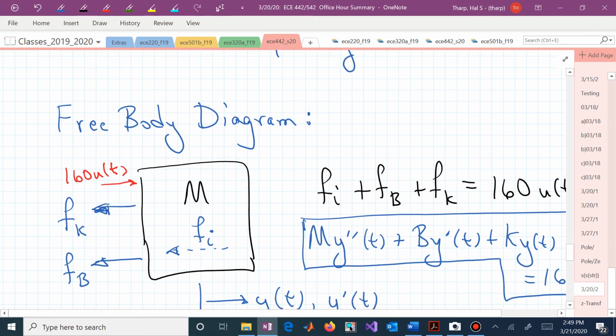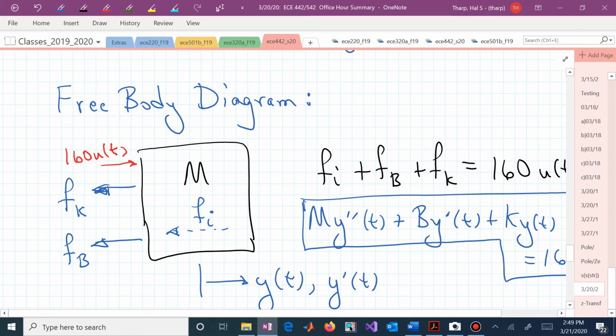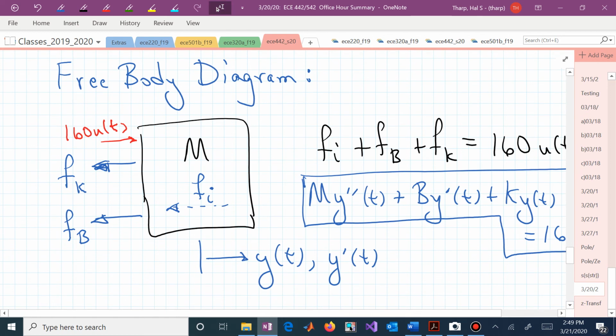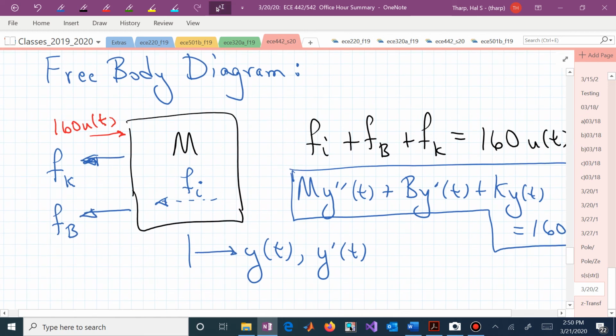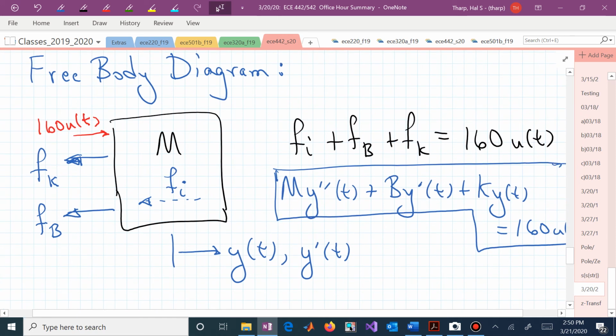If you work through the free body diagram, and represent ma, or mass times acceleration, by this inertial force, you can now say the sum of all these forces, or the algebraic sum, equals 0. You have the applied force going to the right. All of these other forces are actually opposing the movement to the right. You have your spring force, which is k y.